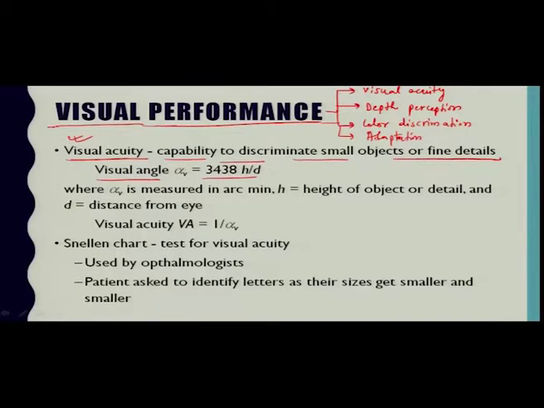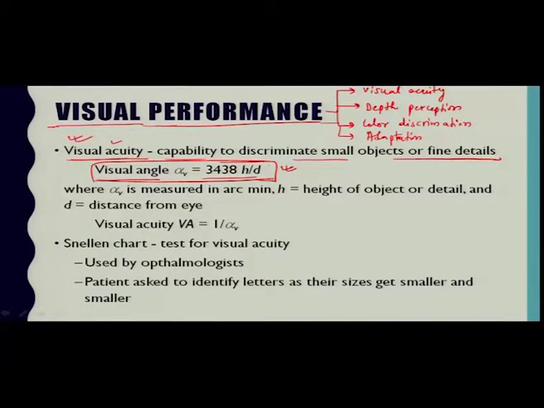This is usually defined in terms of the visual angle subtended at the eye by the smallest distinguishable detail. There is a figure in the next slide that I am going to show you, through which it will be clear how we can develop this particular formula, that alpha v is equal to 3438 into h by d.